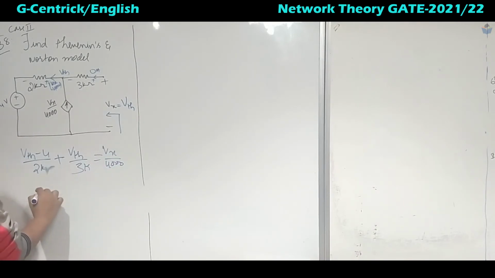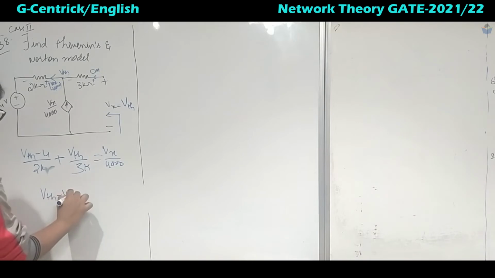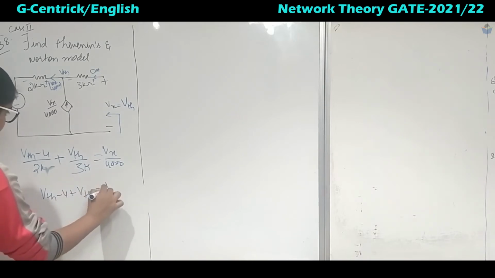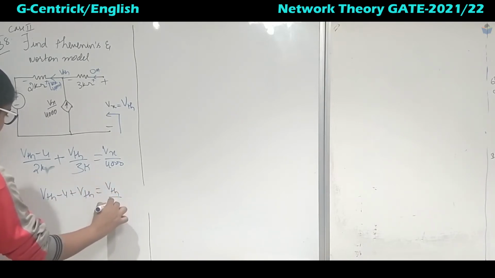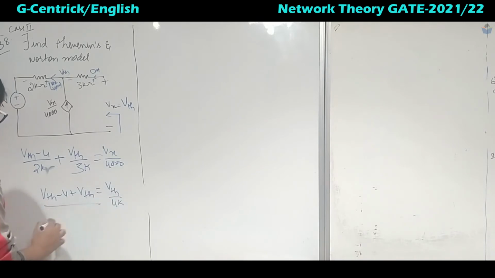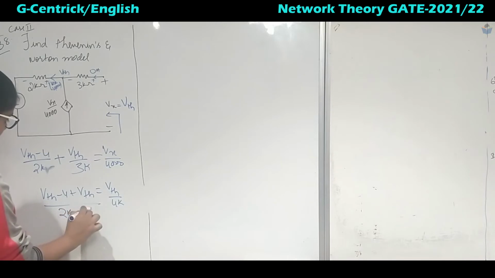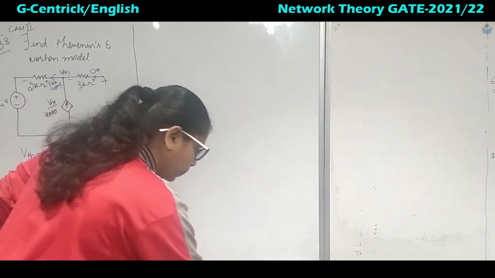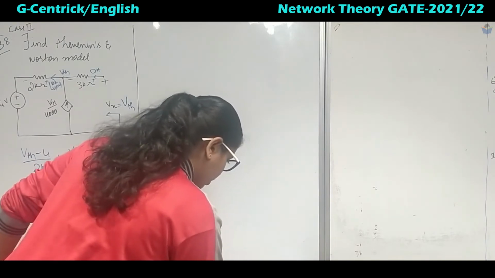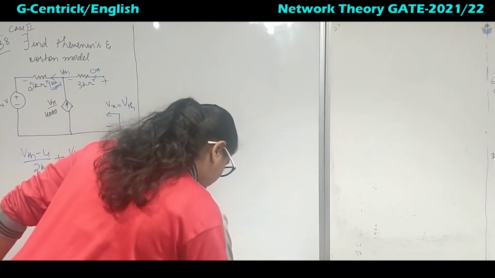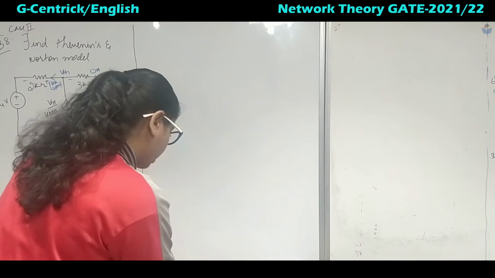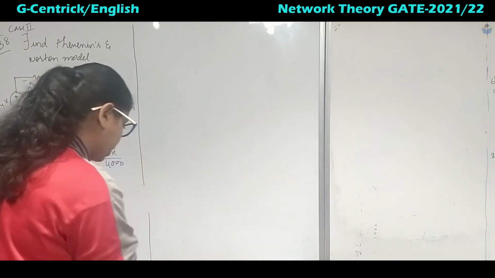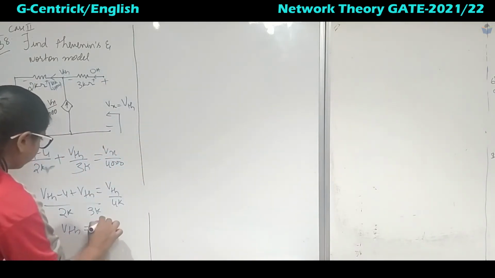Okay, so Vth minus 4 divided by 2K and 3K. So when you solve this one, the value of Vth comes out to be 8 volts.